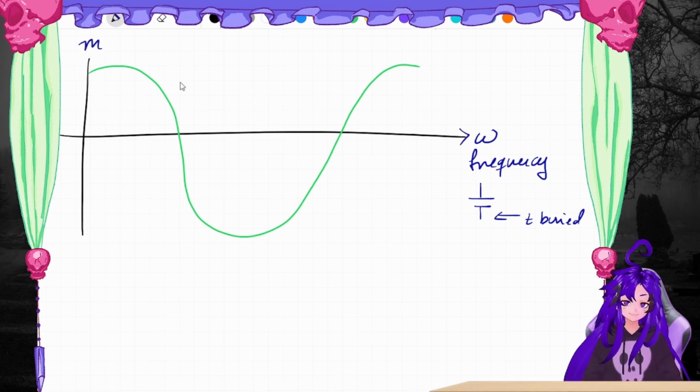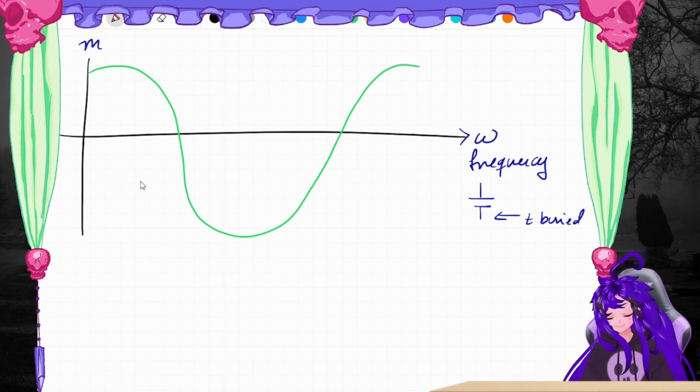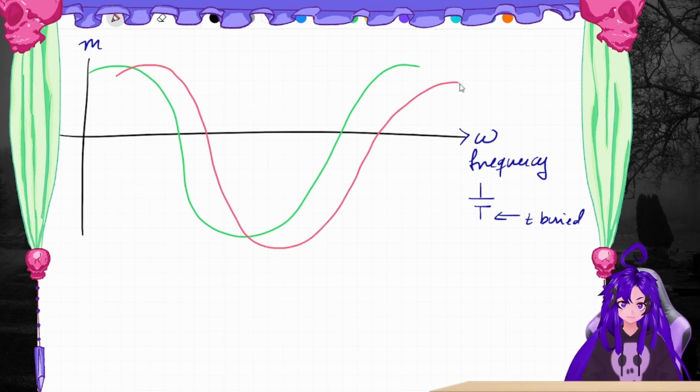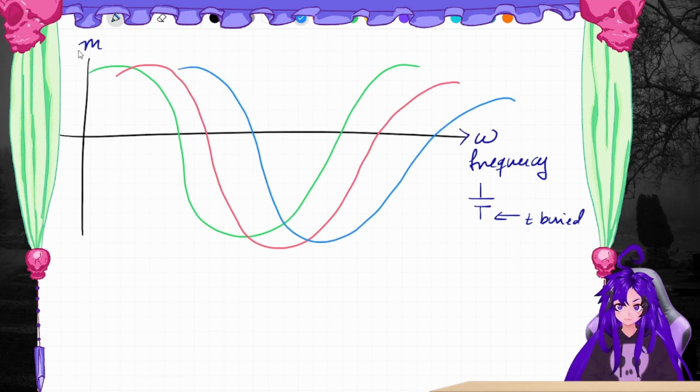So you can now have multiple waves on the same plot, and it's understandable. So if this is 90 degrees and whatever all the way down, then let's say that this is the main M function.